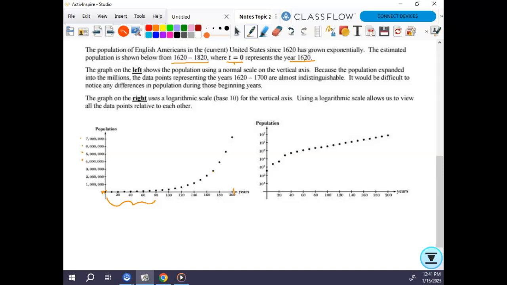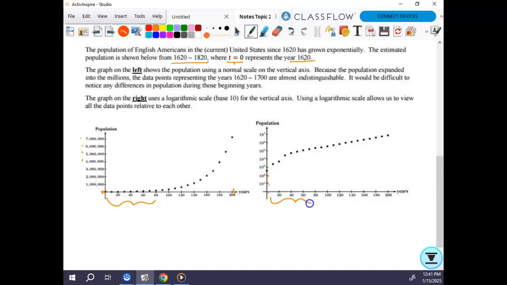On the right, it uses a logarithmic scale. So if you look at your y-axis here, it goes 10 to the first, 10 to the second, 10 to the third. The exponent's what's changing. So this is 10, 100, 1,000, 10,000. And so it's spaced very oddly. It's not spaced the way you would usually evenly space something because it's a logarithmic scale. And when you do it that way, we're still going from 0 to 200 years.